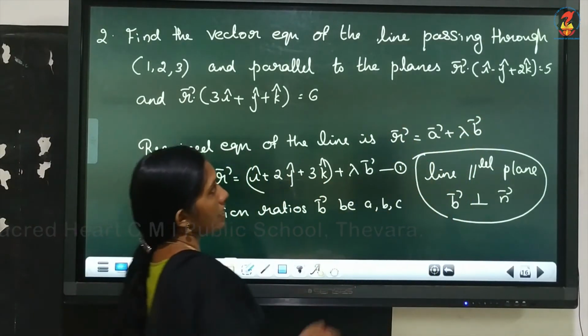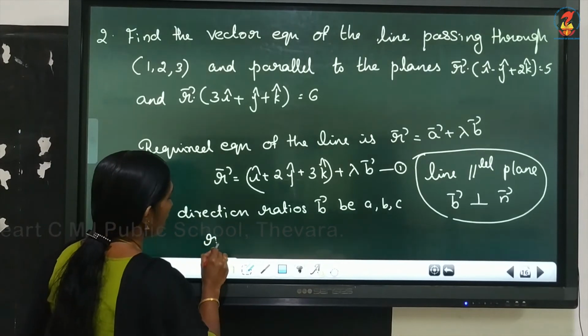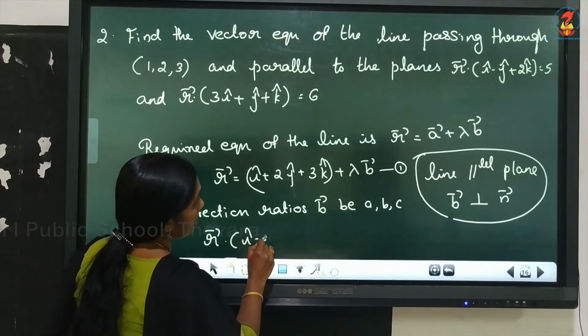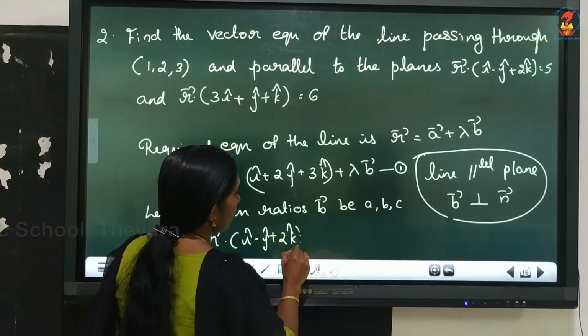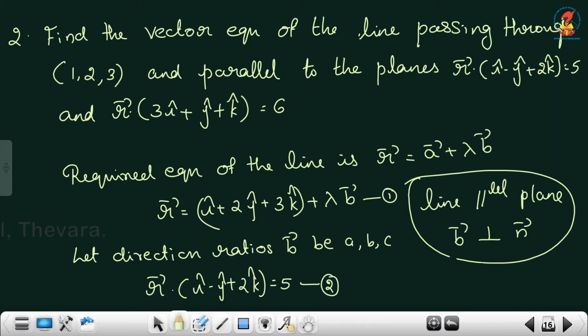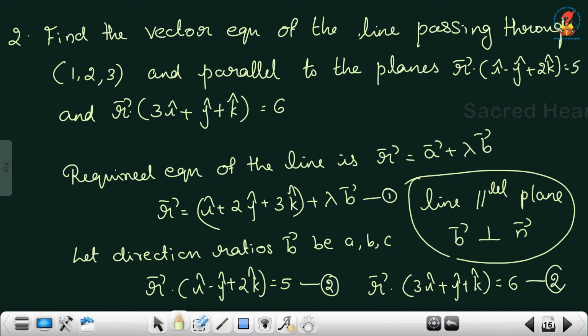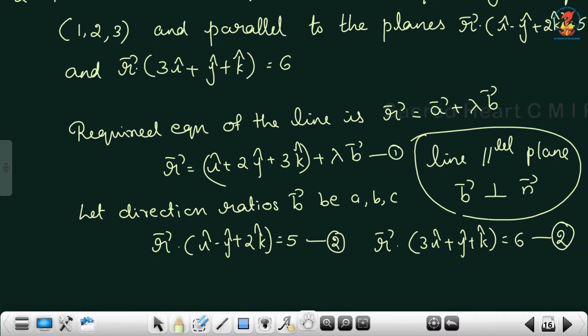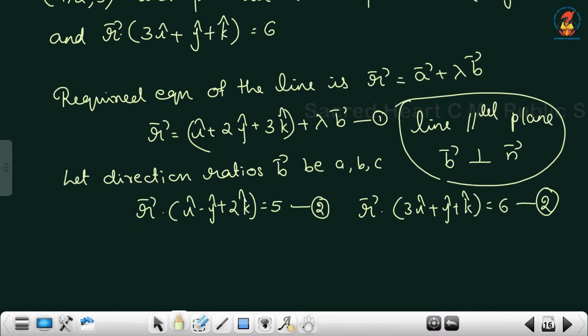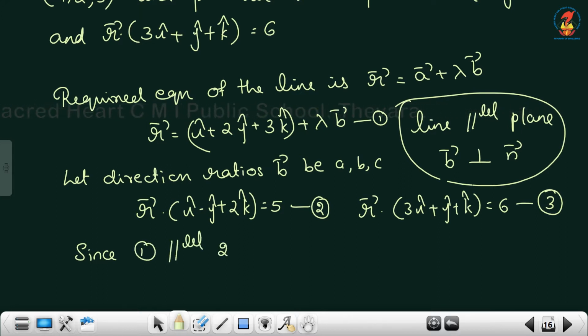Then this line is parallel to the first plane. The plane I am writing: vector r dot (i minus j plus 2k) is equal to 5. This is the second equation. And the second plane is r dot (3i plus j plus k) is equal to 6. So what is given is 1 is parallel to 2, since line 1 is parallel to plane 2.